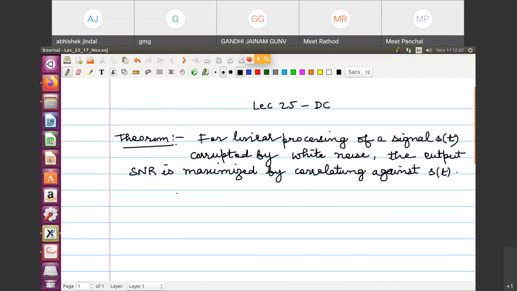The resulting SNR is SNR max. It means there is no other possible signal with which you can correlate the signal S(t) to get a better SNR. It has to be with itself only. So it is twice the norm of S squared divided by N naught.